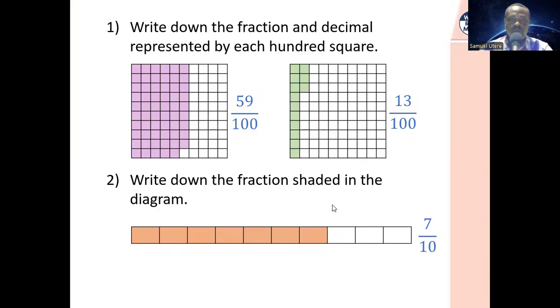This will be 0.59, and this will be 0.13. Okay, in decimal form, this will be 0.7. All right.